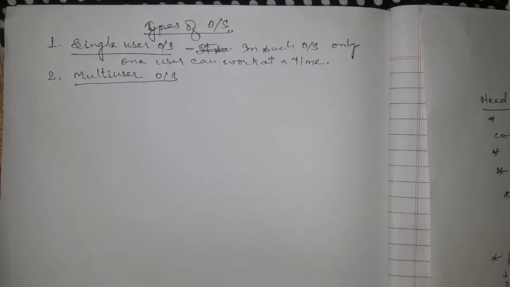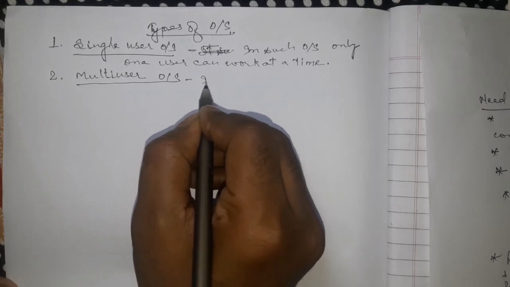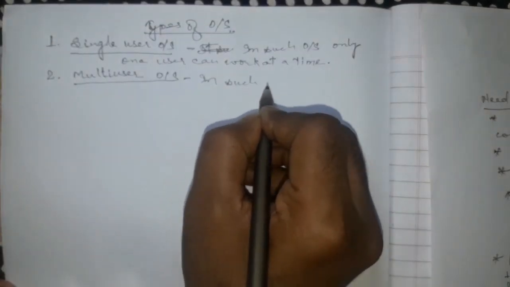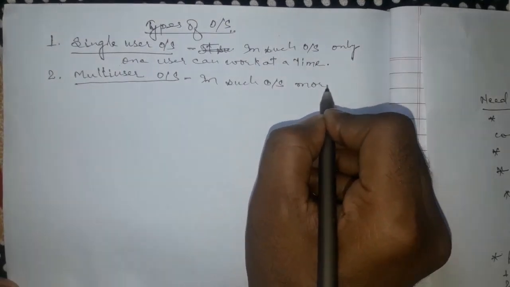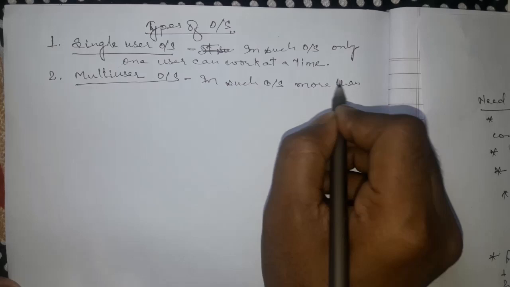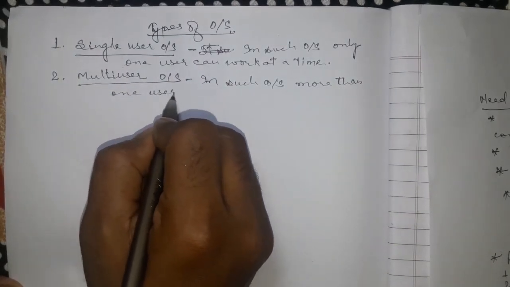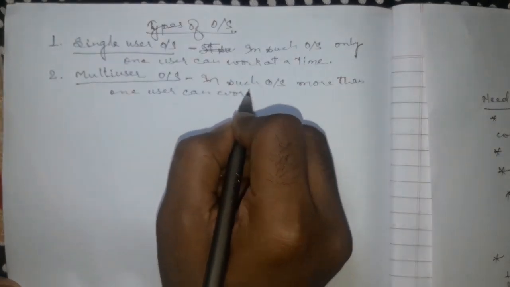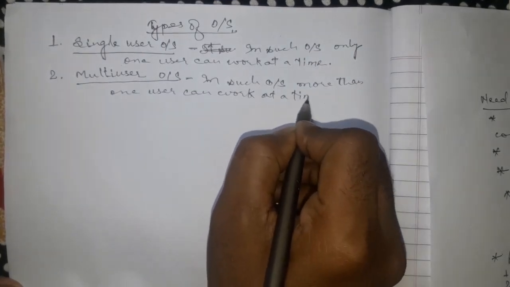In multi-user operating system, more than one user can work at a time.